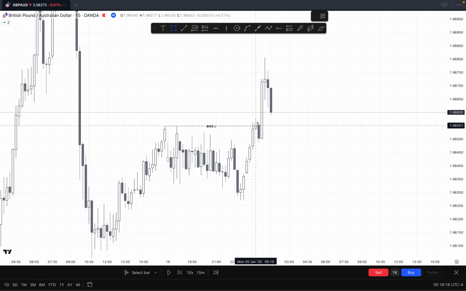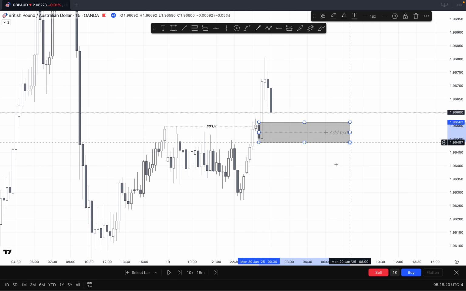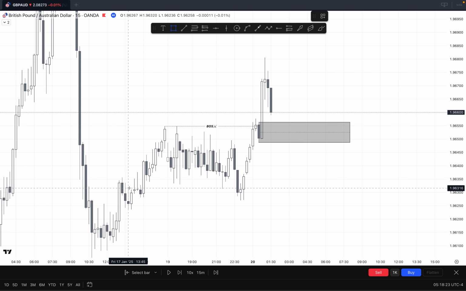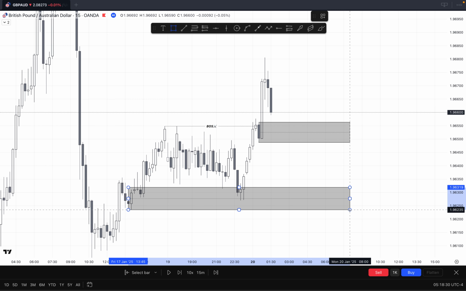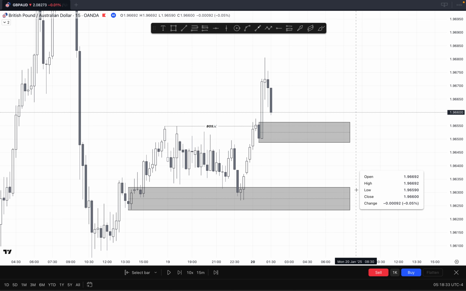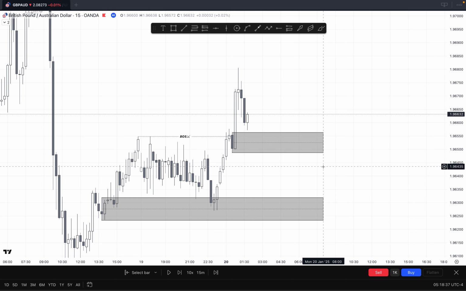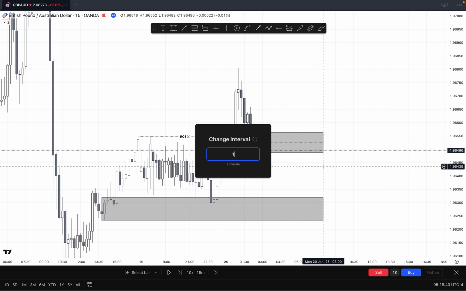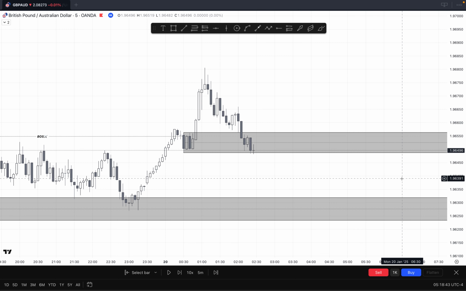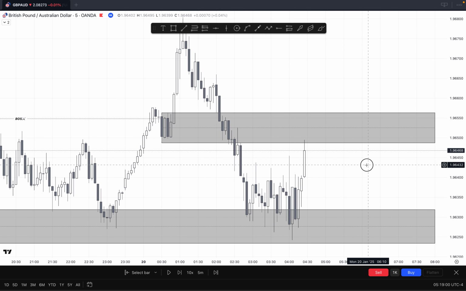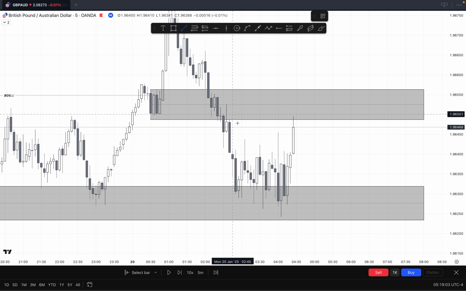Then we have an order block here, and an order block here. Got a break above this high right here.